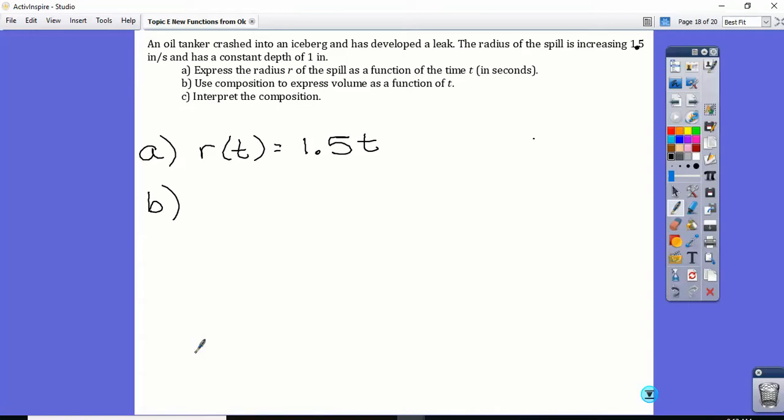You know, if you're looking at the end, it's a circle, but it has some kind of depth to it. So the volume for a cylinder is pi r squared h. It's just essentially the area of the base. So the circle has an area pi r squared times its depth. Times your height.